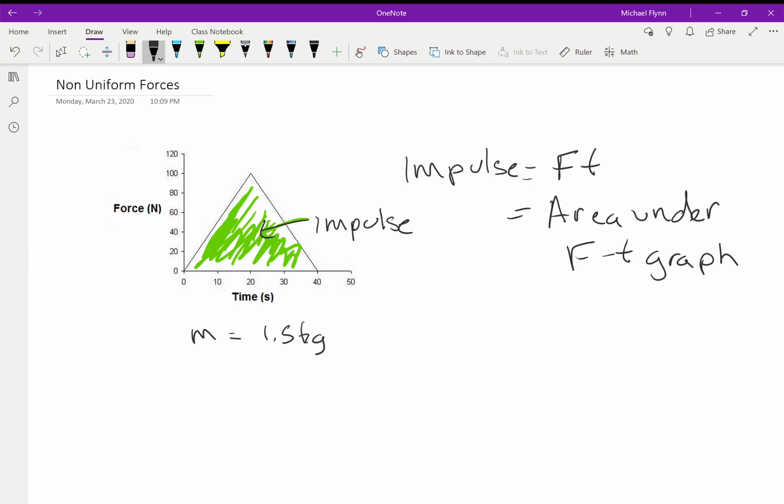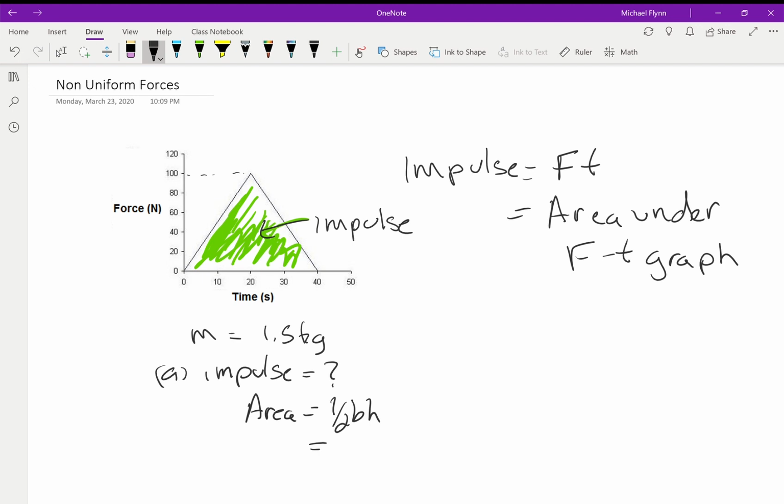So I'll ask a couple of questions. Number one, what's the impulse? So question A, what's the impulse in this graph? It's pretty straightforward. Impulse equals area. And the area here is just half the base times the height because it's a triangle. So that's half of 40, which is 20, times, we'll say that is approximately 100 up there.